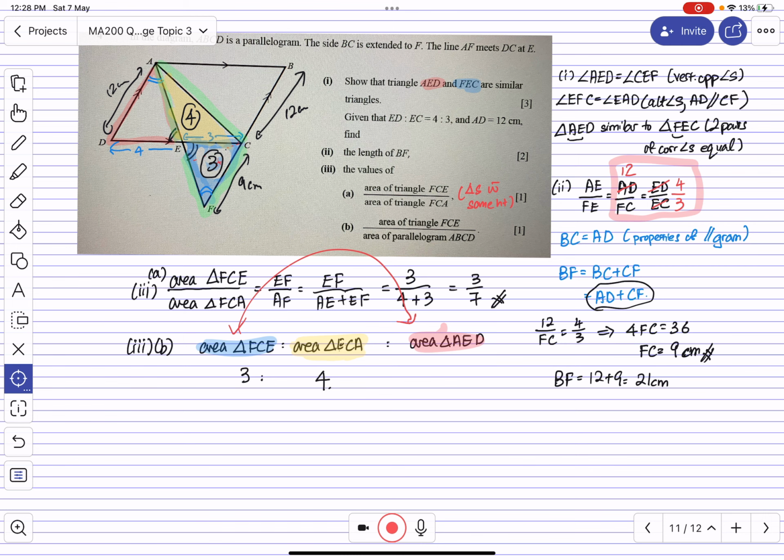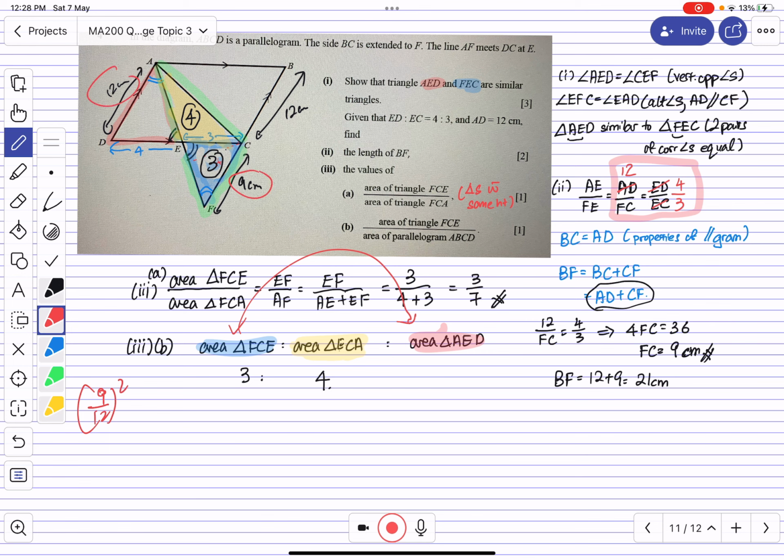FCE to ADE is basically a 9/12, and because they're similar, the ratio of the sides is 9 to 12. So it's 9/12 squared, which is the same as 3/4 squared, which is the same as 9/16.